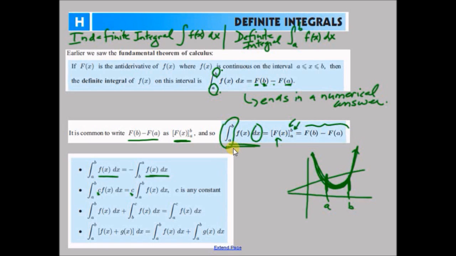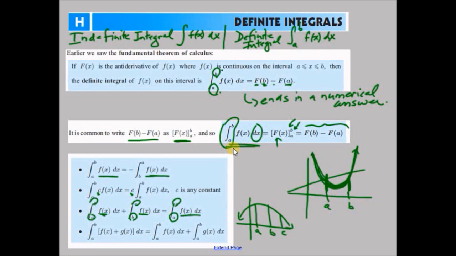If I have an integral from a to b here, and then add that, we're dealing with the same function, add that to the integral from b to c, well, it makes sense that that would be equal to the integral from a to c, all the way from a to c. So again, we might have a graph. This might be the function we're looking at. This might be a, b, c.